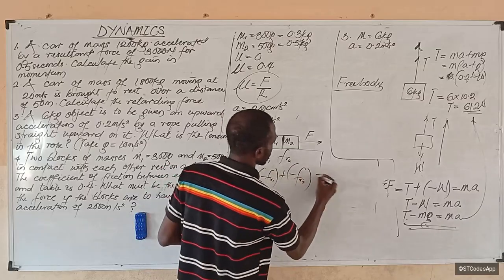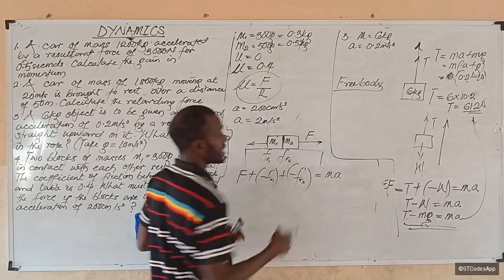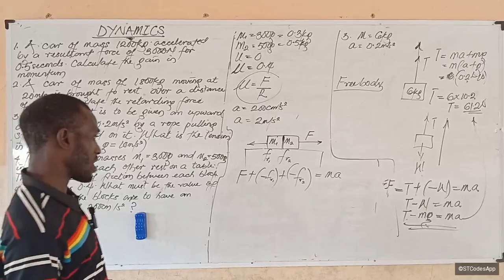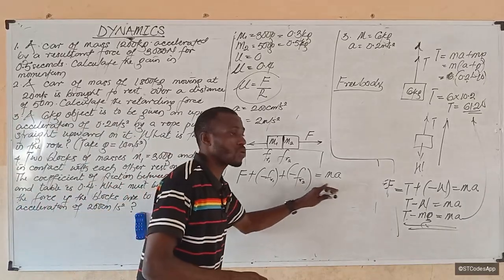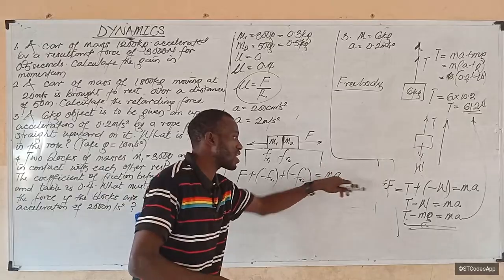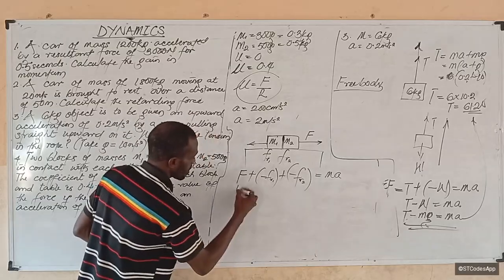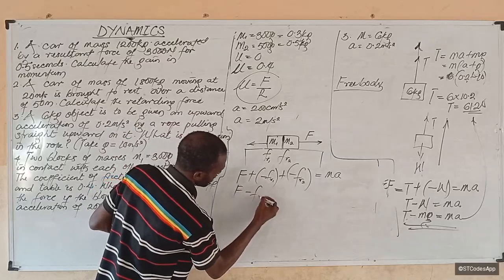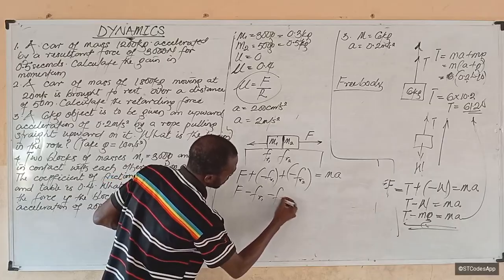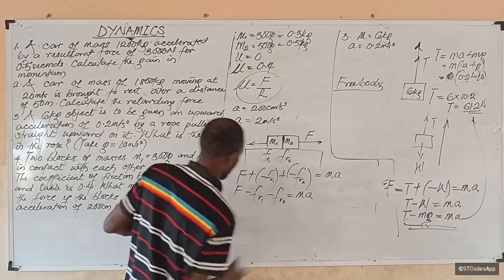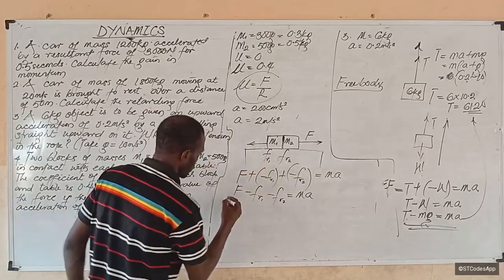When you add up all these forces, you get the net force that produces the acceleration that is given there. Is it clear now? Add up all the forces, and it should be equal to the net force, which gives you an acceleration a. So by the time you have that, F minus F sub R1 minus F sub R2 is equal to ma.